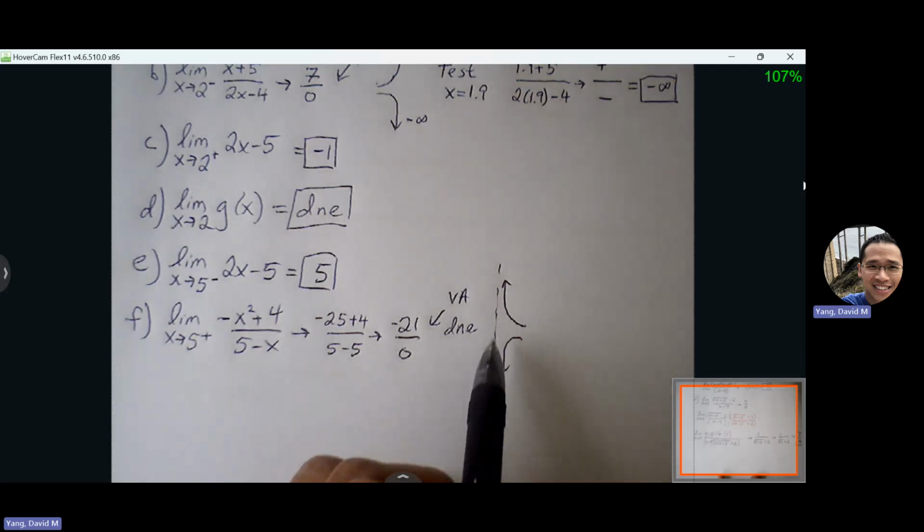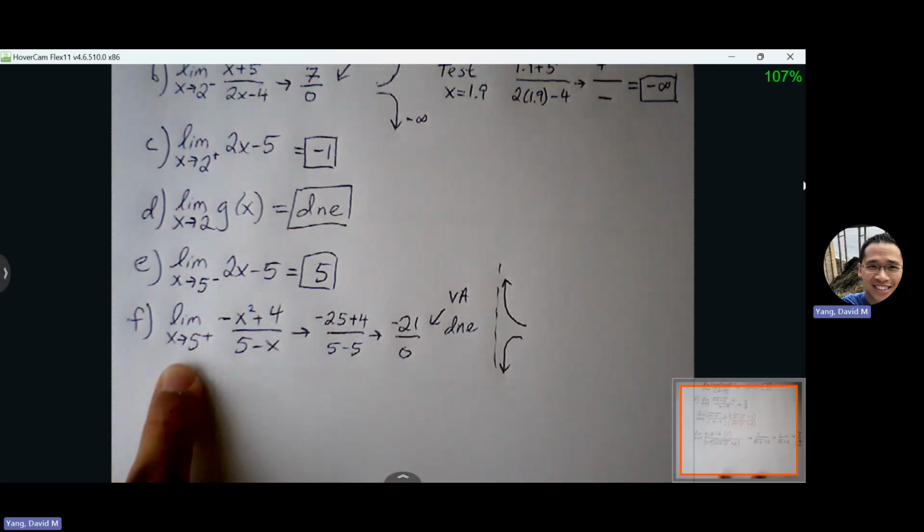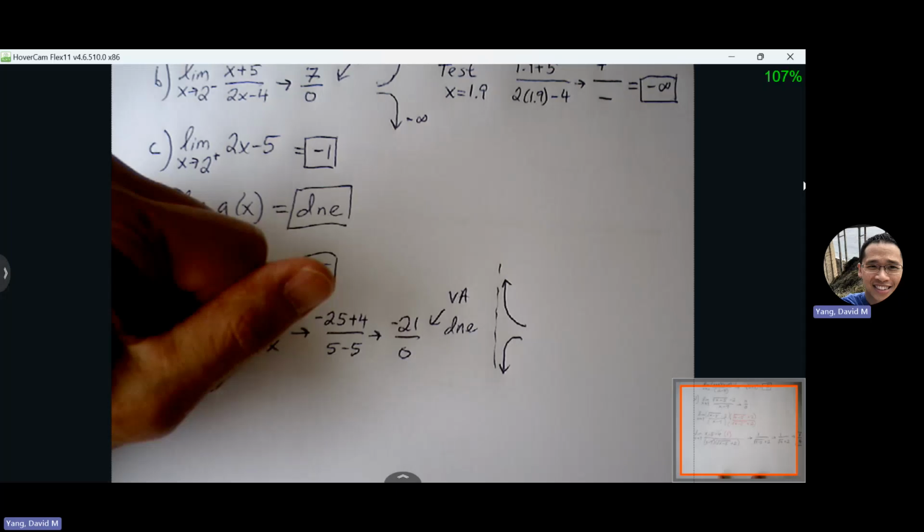And because we're trying to decide between these 2, now we can do what? Now we can test decimals.